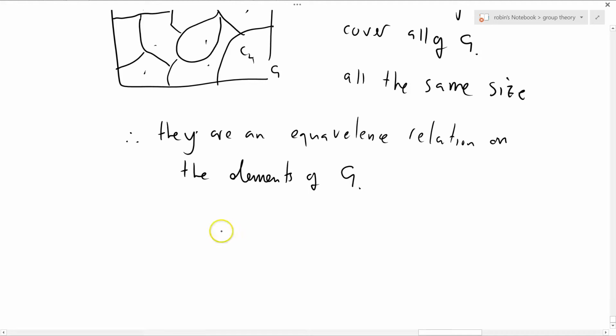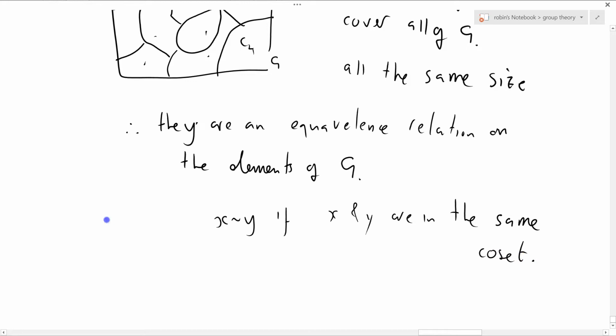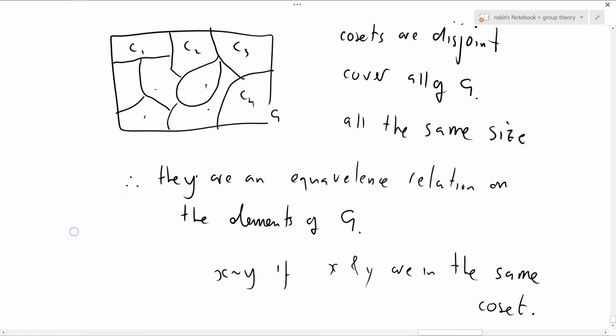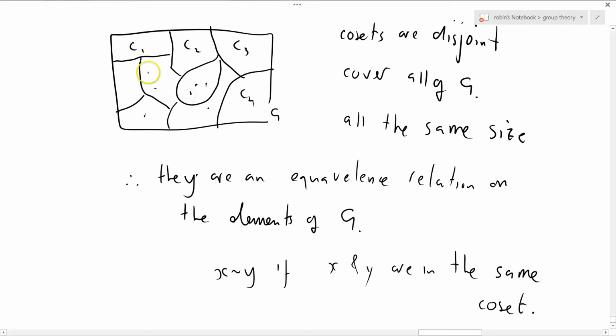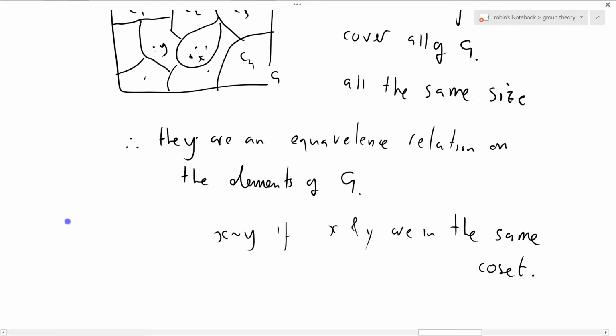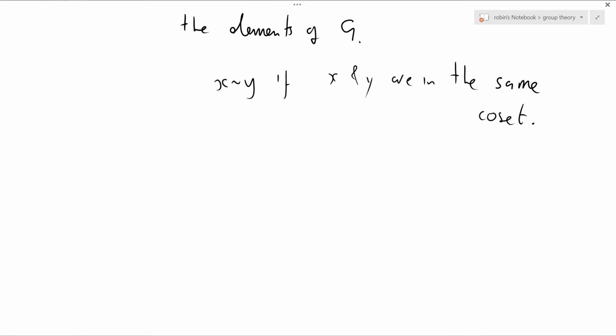And of course the equivalence relation is x is related to y if x and y are in the same coset. Okay. So if they're in the same coset, they're related. They're in the same coset there, and if x is here and y is here in another coset, then they're not related. So it's an equivalence relation, and also they're all the same size.